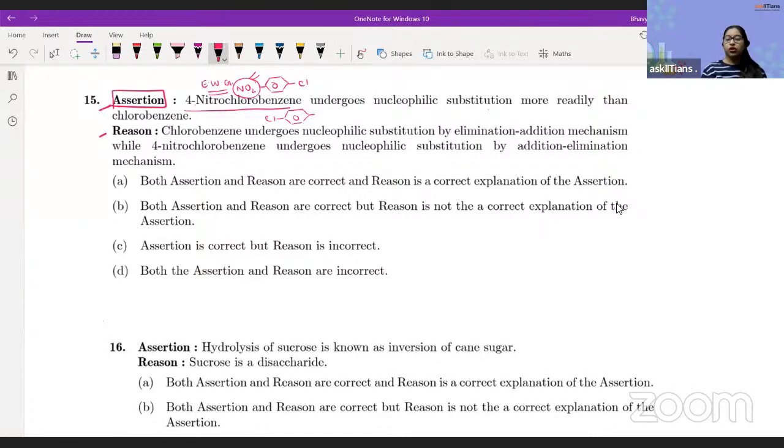This is the assertion. Now, when it comes to reason, we have that chlorobenzene undergoes nucleophilic substitution reaction by elimination addition mechanism, while 4-nitro undergoes it by addition elimination mechanism. Does this reason make sense to you?